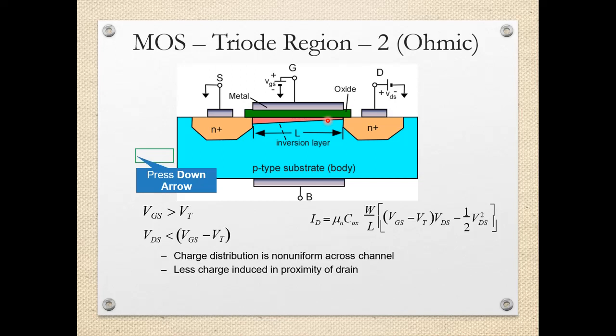So it leads to the current ID. The value of ID is given by this equation. And near the drain, the voltage responsible for the inversion is VGS minus VT minus VDS, and thus smaller than near the source.